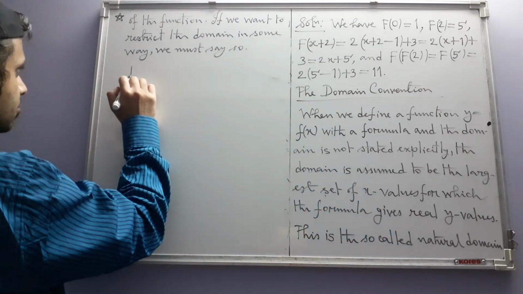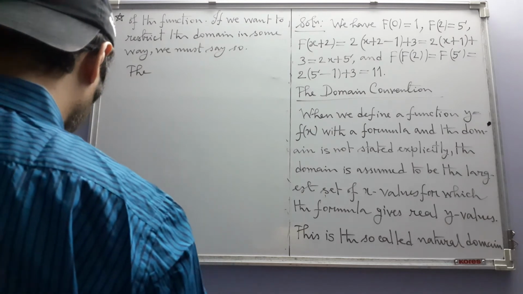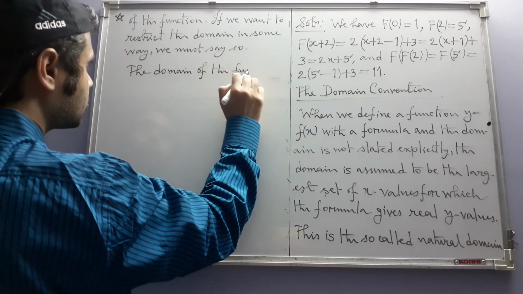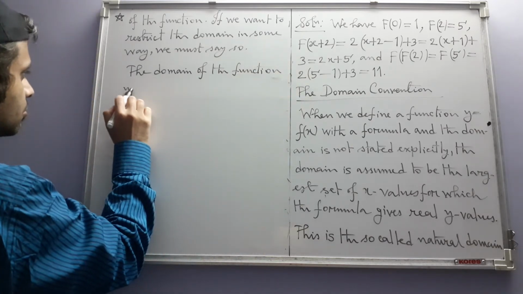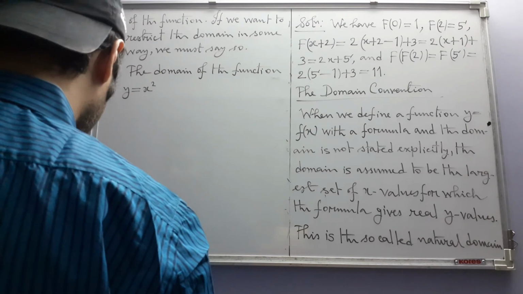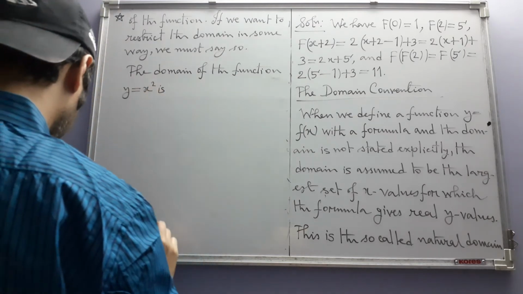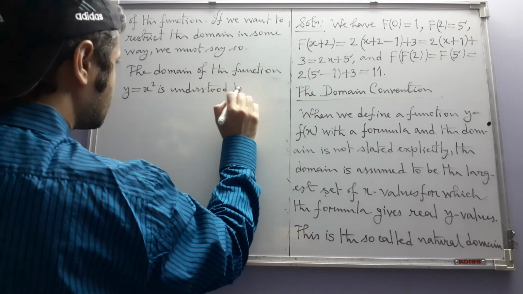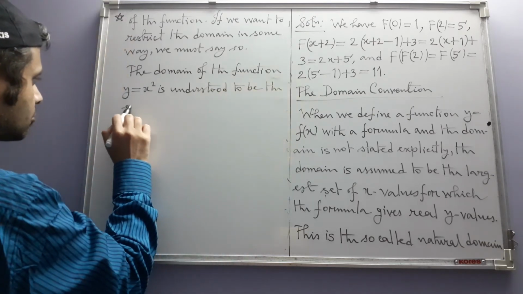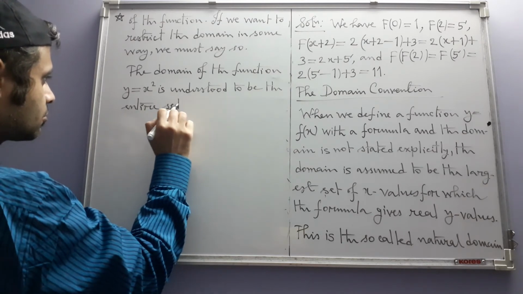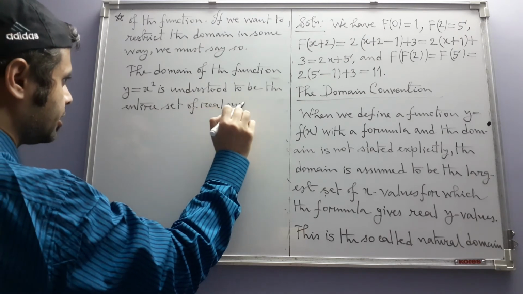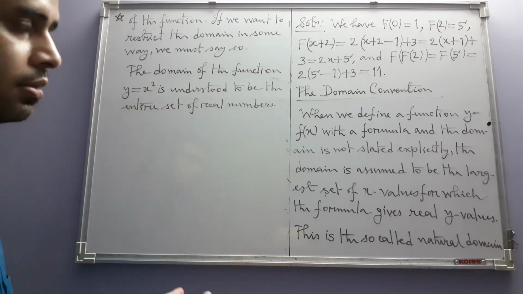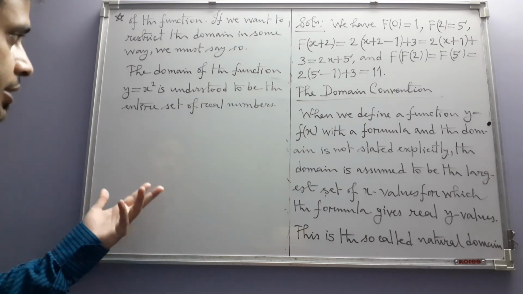So for example, the domain of this particular function, the square function, is understood to be the entire set of real numbers, because for every real number its square is again a real number, so all the real numbers can be considered as inputs.